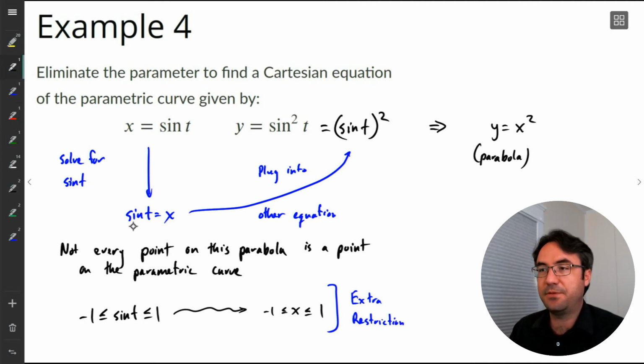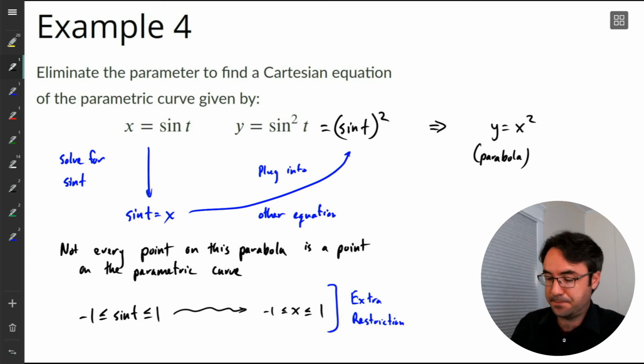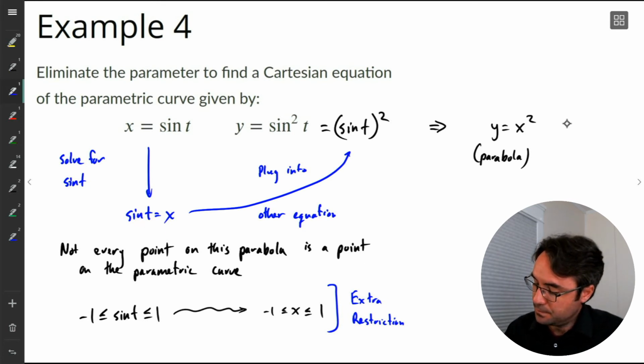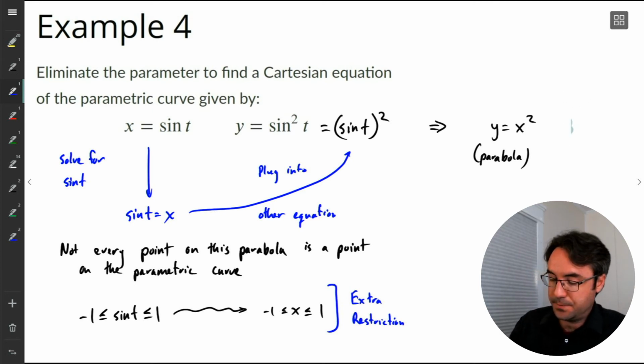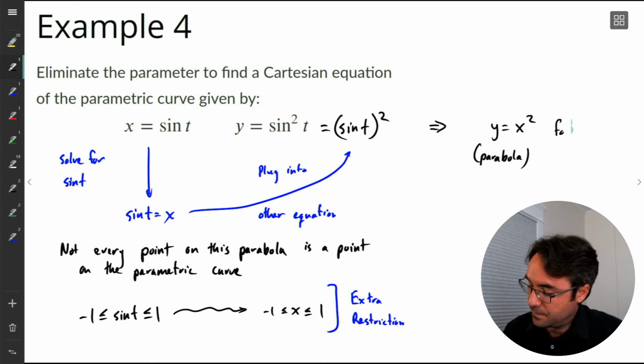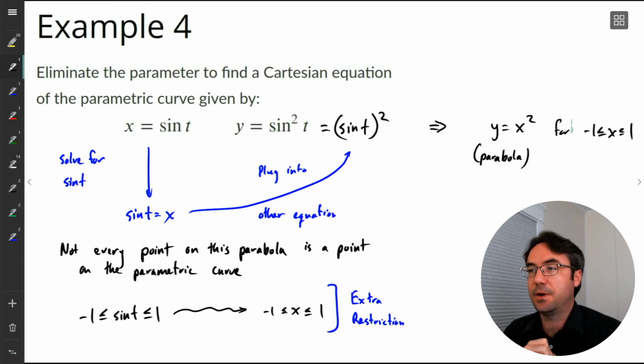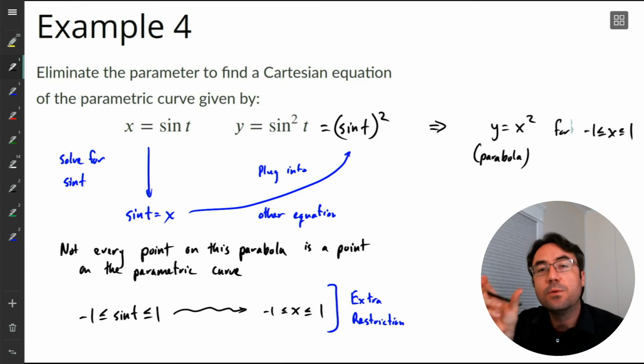This just comes from the fact that we solved for sine of t, and we saw it was equal to x, and that puts some restriction on what the potential x values are going to be. So it's going to be for x between -1 and +1. So it is going to be a section of the parabola y equals x squared with this restriction on the x values. So between -1 and +1.